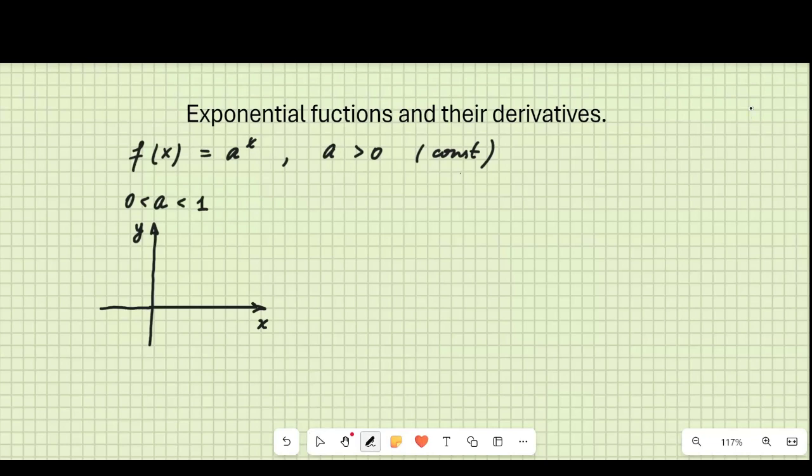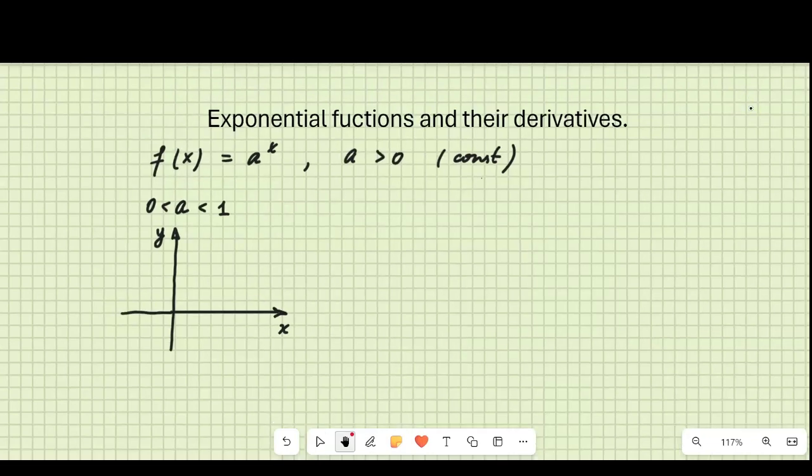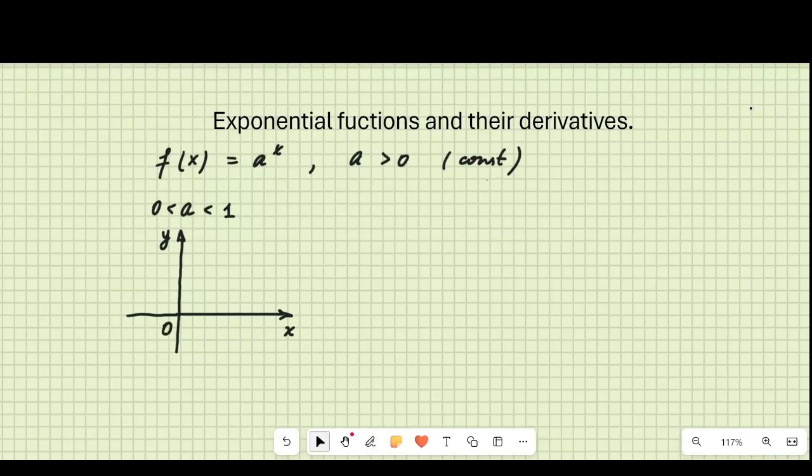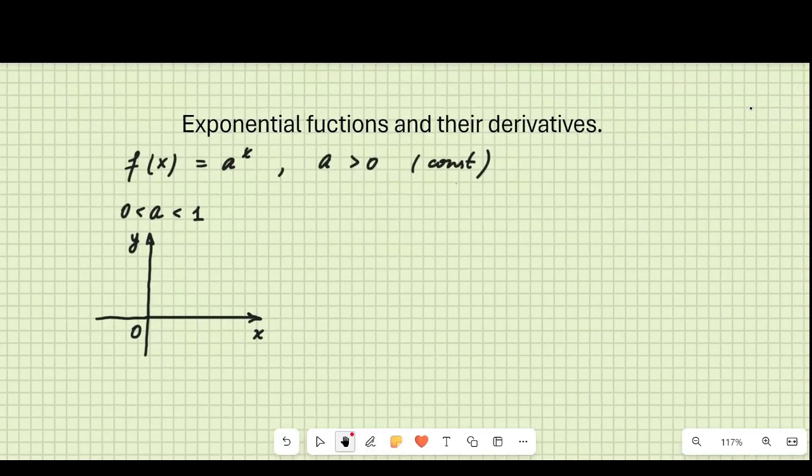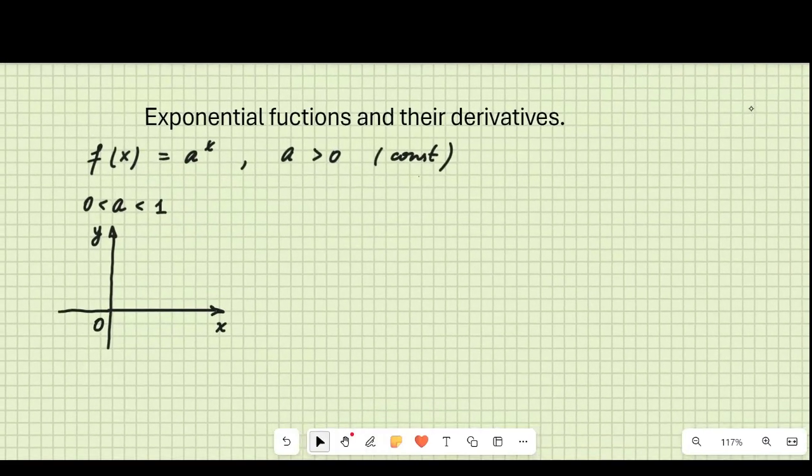For example, here I'm using x and y. Also, you're supposed to have 0 showing where the origin is. And usually, guys, I would suggest you label one unit on each axis. It's not necessary to label 1, 2, 3 until 20 or 100, but one unit on each axis just shows what your scale is.